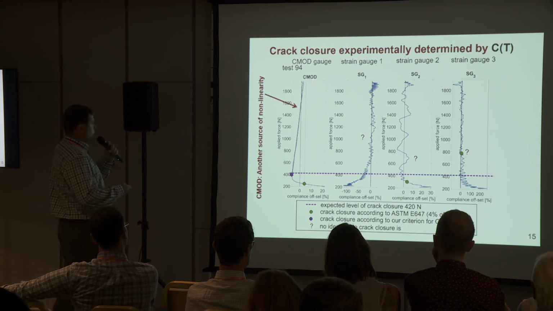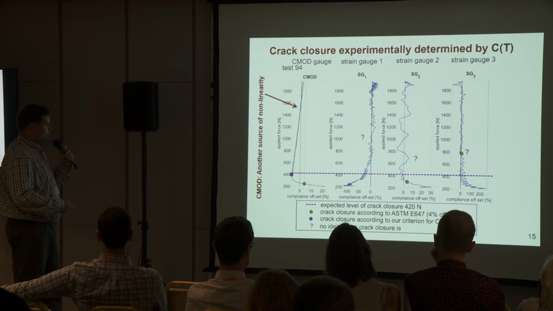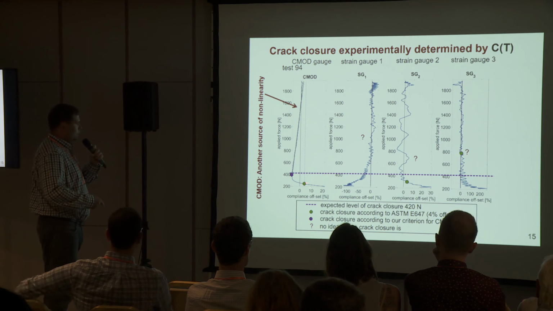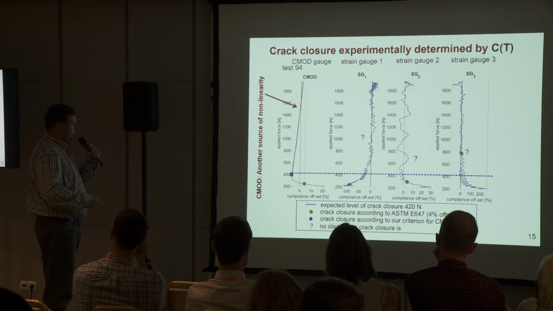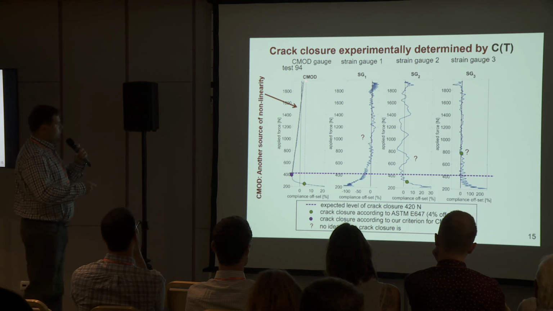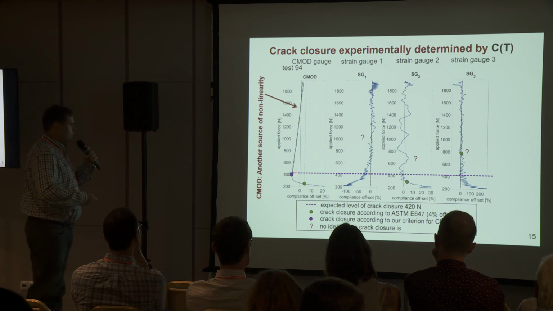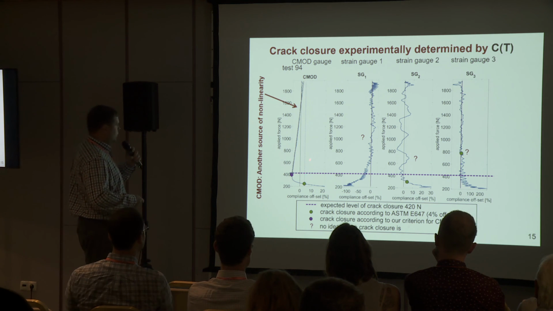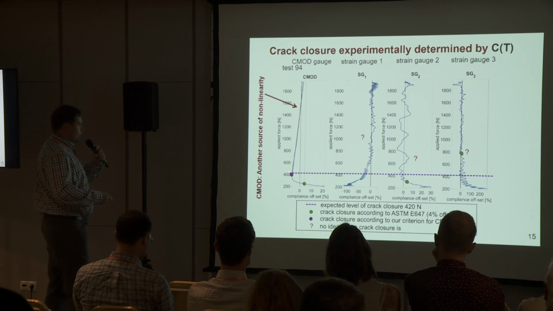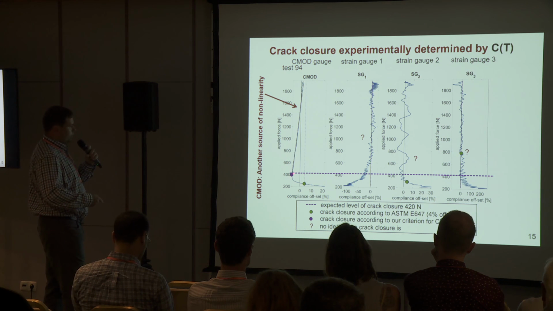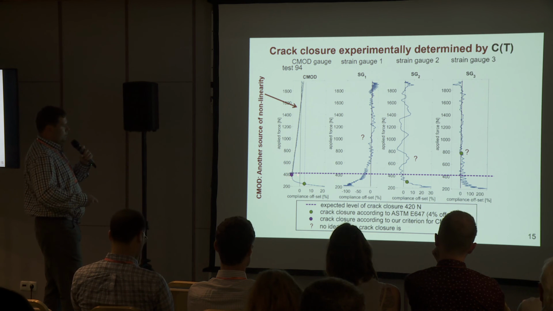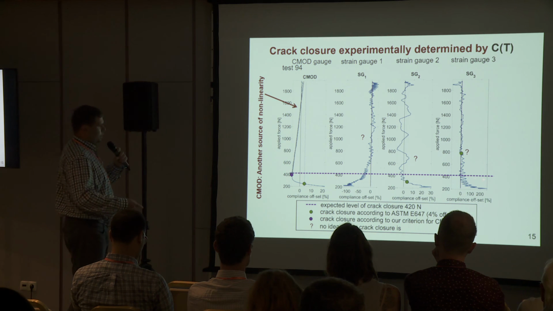When we look at the crack mouth opening displacement gauge according to the ASTM standard, it's again underestimated. But if we take into account that there is another source of nonlinearity besides crack closure, and assume the crack closure is at the breakage point of the compliance data, then this point is much closer to the expected level of crack closure.